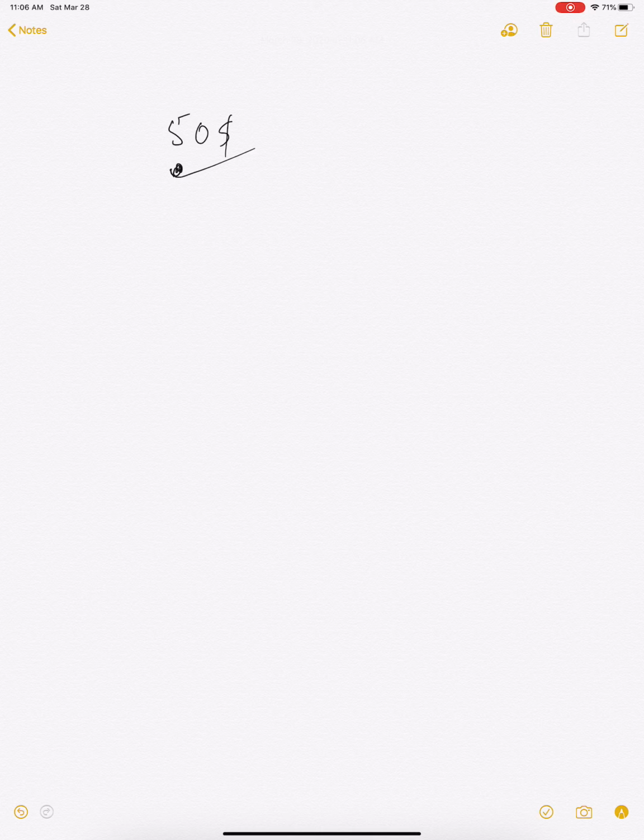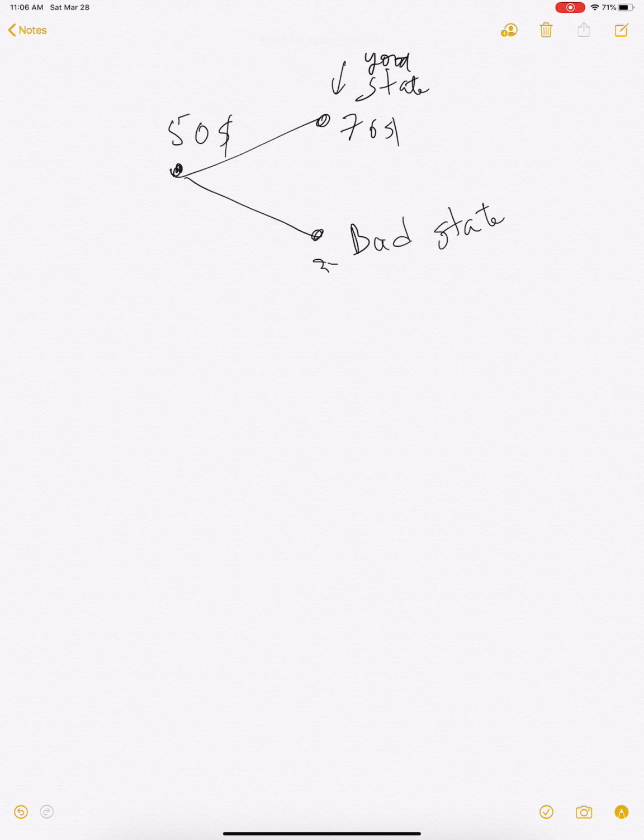Now assume that your company is going like this. So this is a good state of the world, and this is a bad state. Let's say that this is going to be $70 and this is going to be $30.